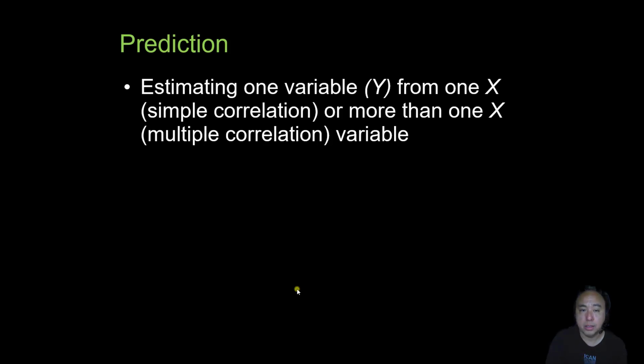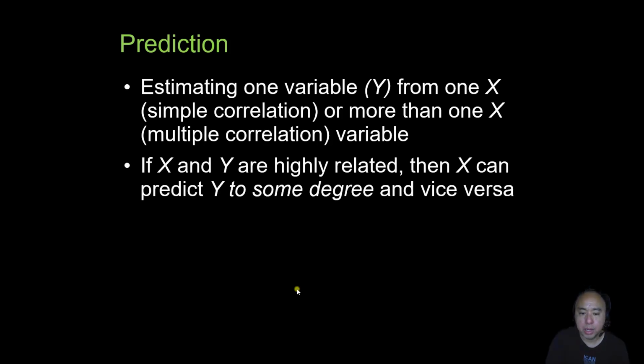Some people like to call that an explanatory variable. That's called simple regression when you're looking at the influence of x on y, or you can look at the influence of multiple variables, more than one independent variable, on that specific response variable.